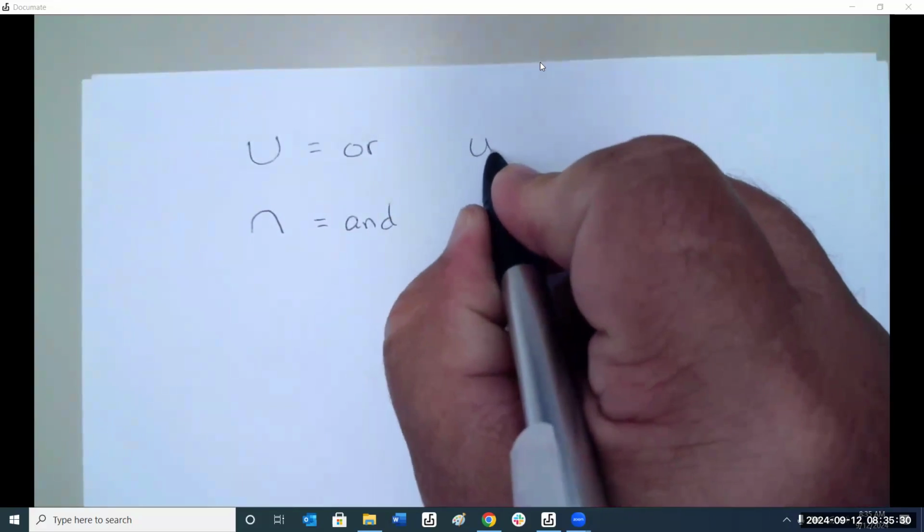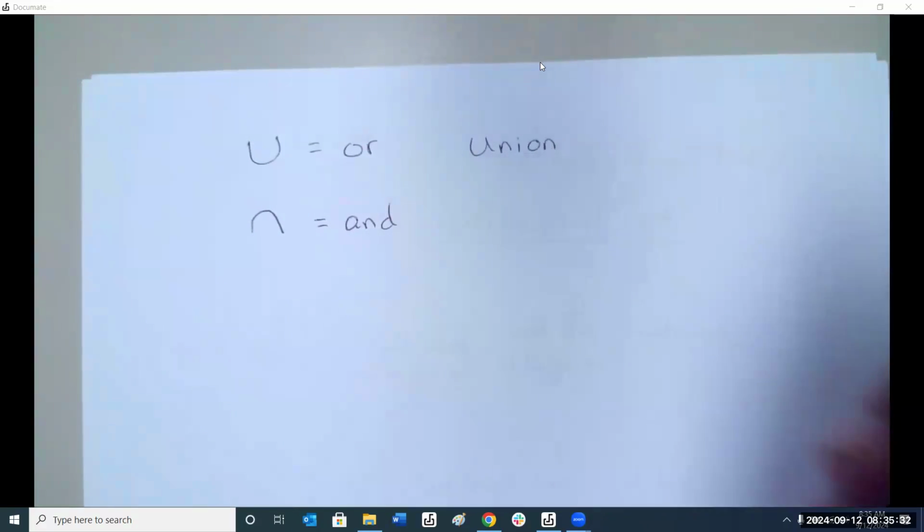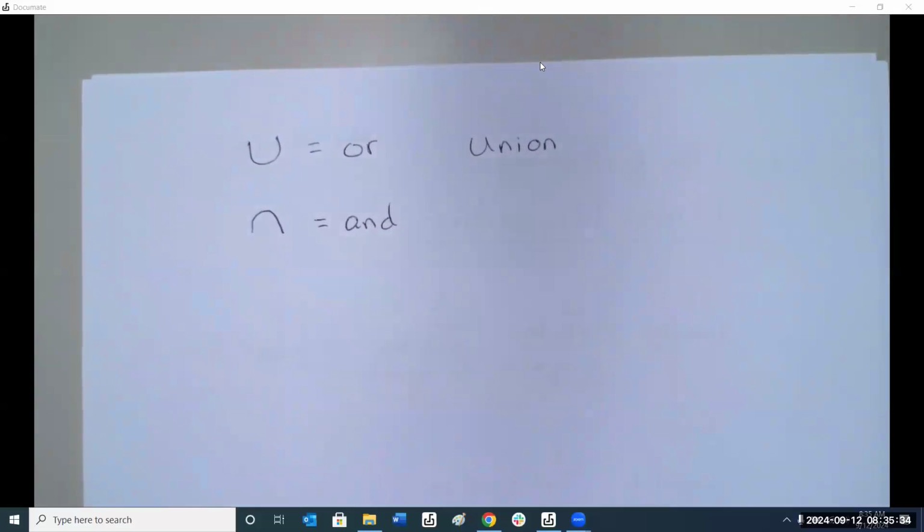This one stands for union. It's another one of the fallacies of the English language. It's the same word, but all depends on how you pronounce the U. It means something totally different.